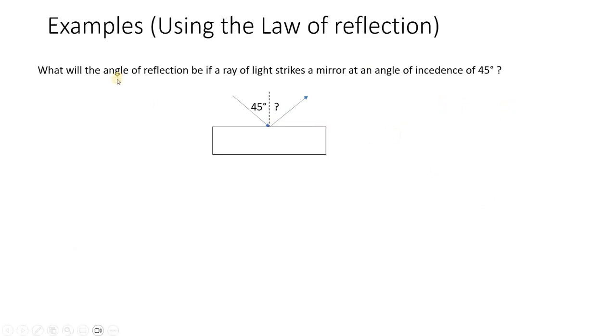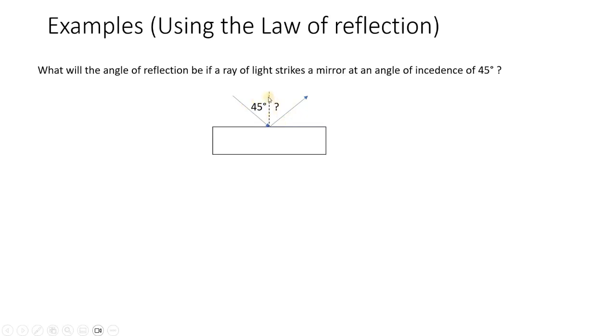The first example asks: what will the angle of reflection be if a ray of light strikes a mirror at an angle of incidence of 45 degrees? We can see on the picture that the 45 degrees is the angle between the normal and the incident ray. It's called the incident angle.